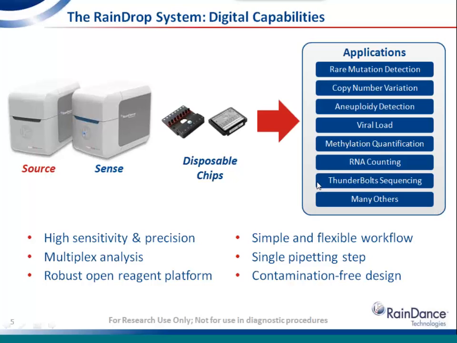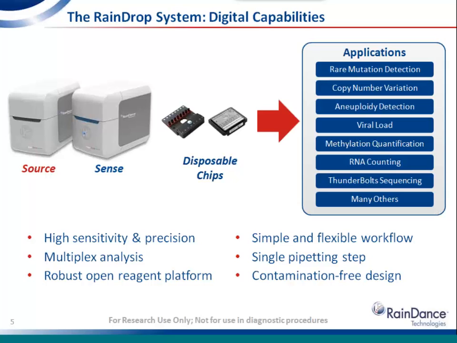We also have recently released a new application for the RainDrop system, which enables sample preparation for sequencing low-input FFPE DNA samples called Thunderbolts. And there are many other counting applications the system can provide.